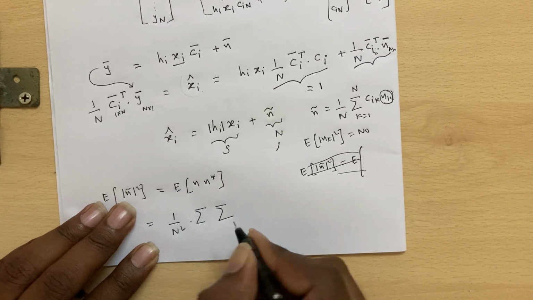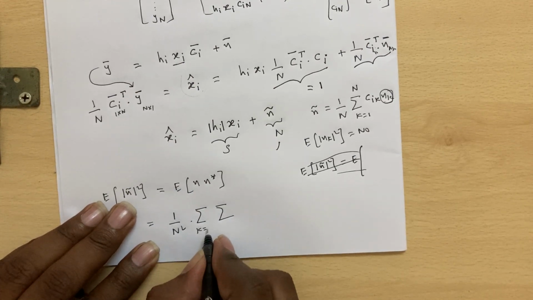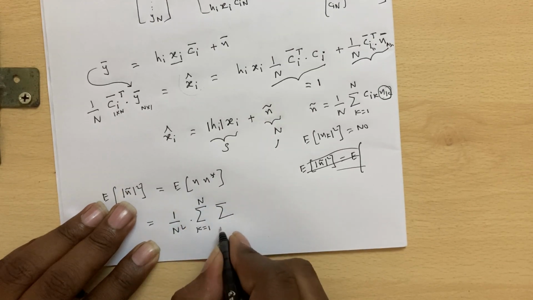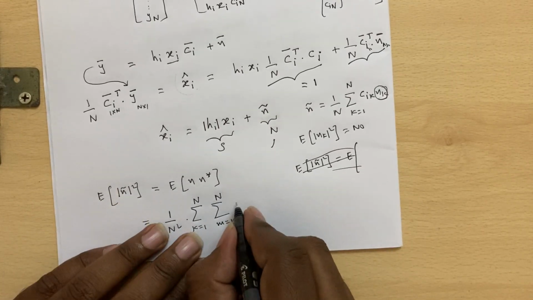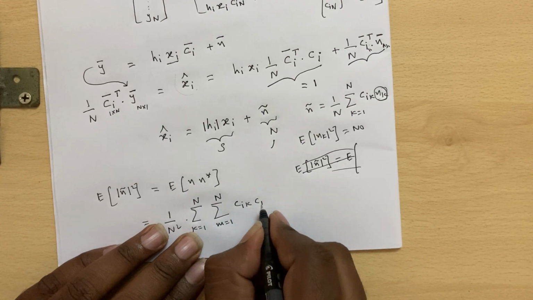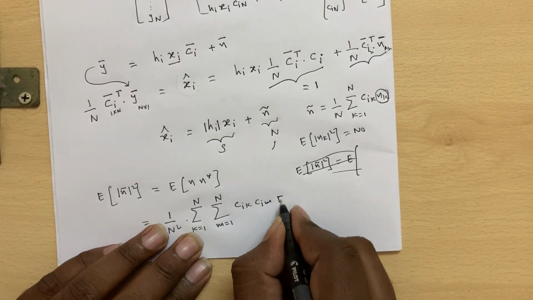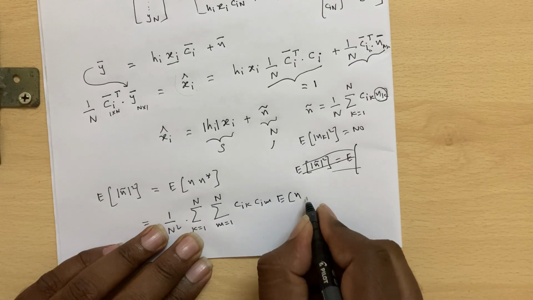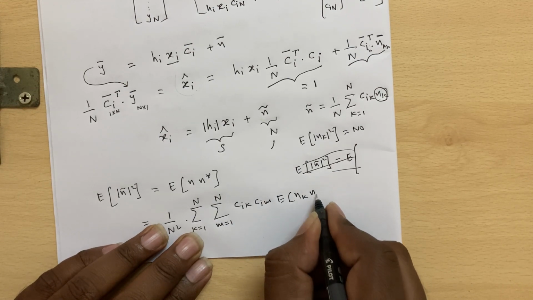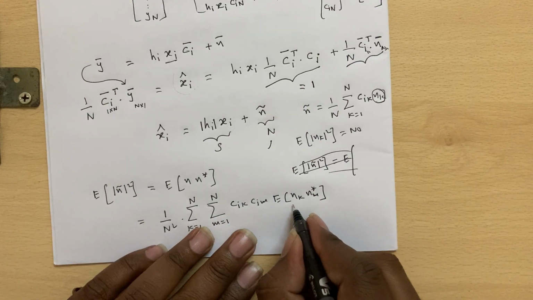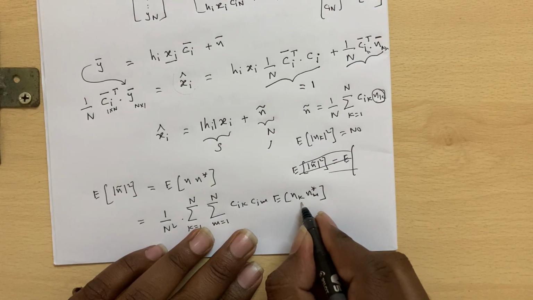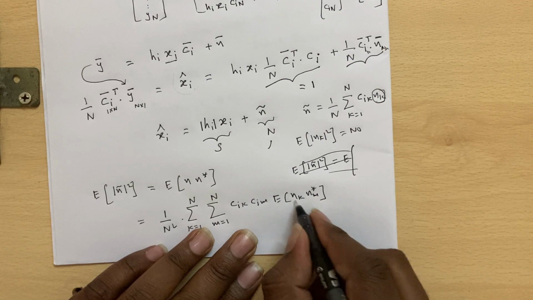So we are expanding that summation, k equal to 1 to N, and another one with m equal to 1 to N, C_ik and C_im, and expectation of n_k into n_m conjugate. So actually the noise samples are uncorrelated, and they have zero mean.